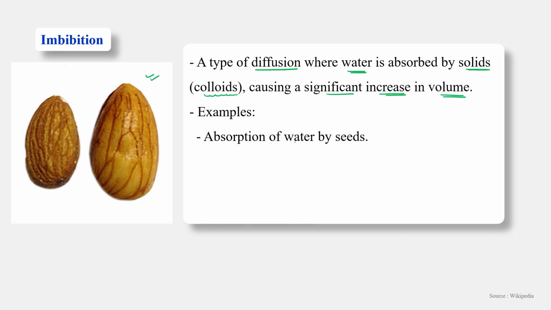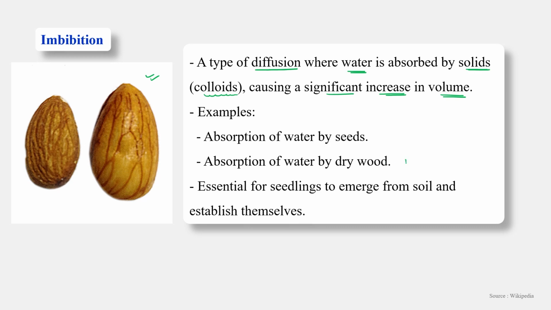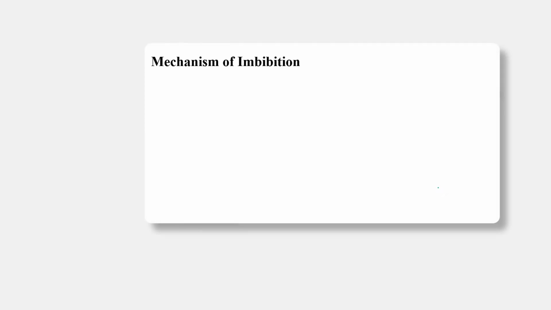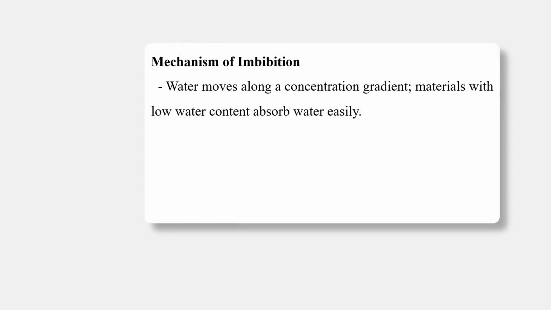So absorption of water by seeds is a type of imbibition. Absorption of water by dry wood also occurs through imbibition, and this imbibition is essential for seedlings to emerge from soil and establish themselves.